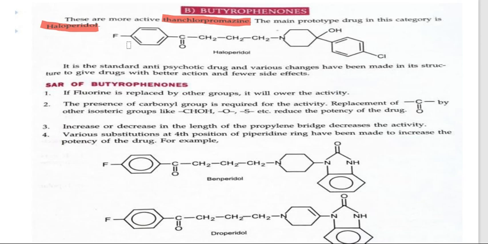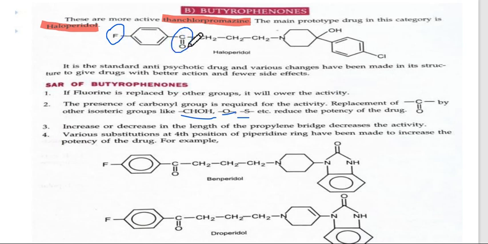If this halogen, fluorine, is replaced by other groups, it will end the activity. The presence of the carbonyl group is required for the activity. Replacement of the carbonyl group by isosteric groups like CHOH, O or S reduces the potency of the drug. So first, if fluorine is replaced by other groups, it will finish the activity.